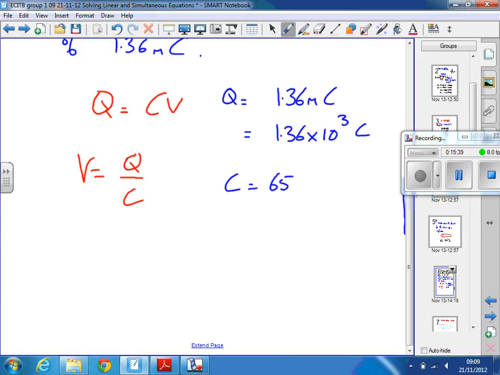It's 650 microfarads. And so again, that needs to be in the base unit, the farad. So equals 650 times 10 to the minus, micro is 6. So that's the next step. I must make sure I'm in the base units.